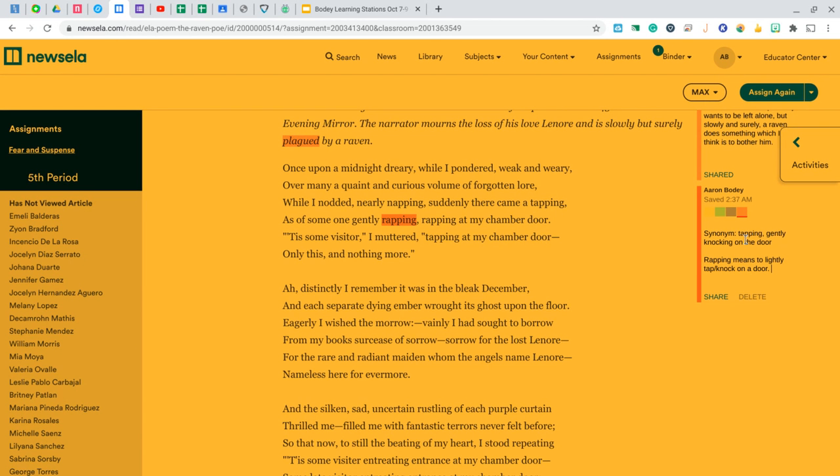So we use the synonym tapping to help us figure out what the word wrapping means, which we feel means to lightly tap or knock on a door.